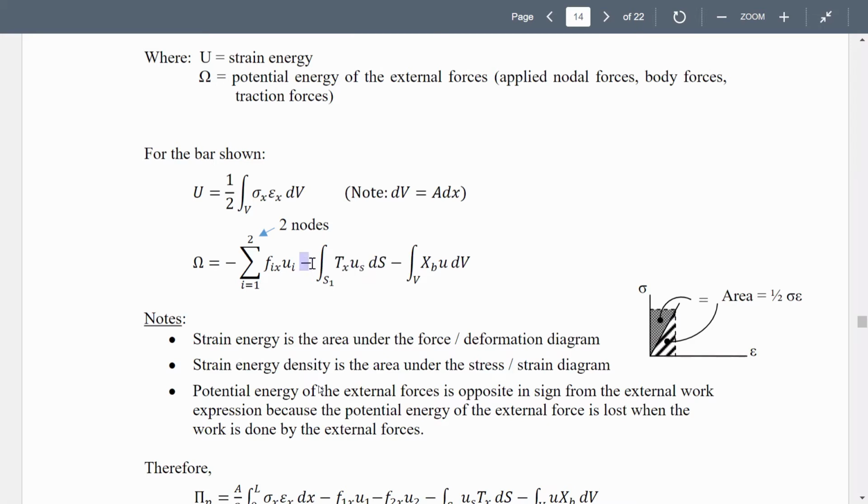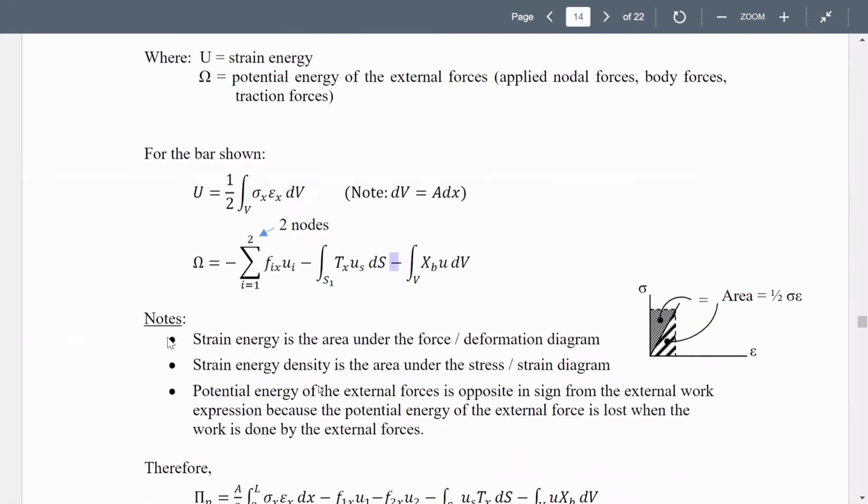Negative of work is potential energy. The same for XB, force per unit volume, times volume is force. Force times displacement is work. Negative of work is potential energy. So these are the terms that we need.